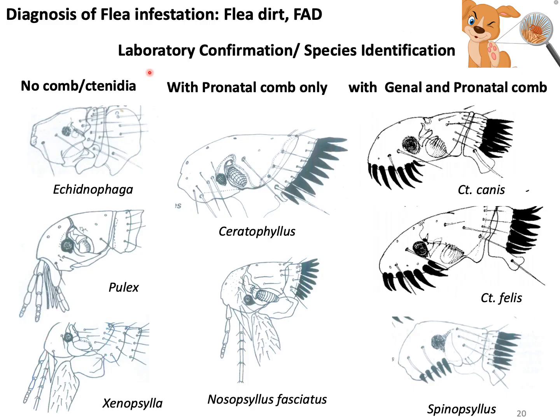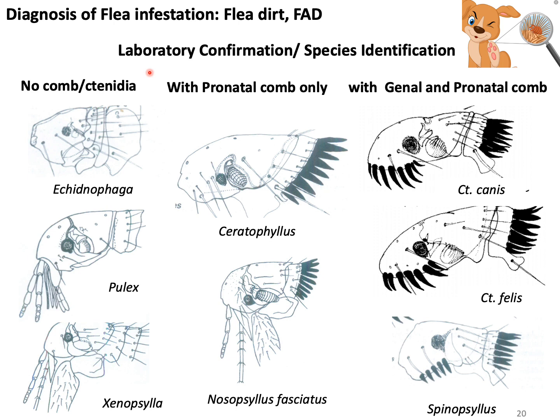So diagnosis of flea infestation is very easy. If you see flea dirt on the body coat of the animal, you can easily assume that this animal is suffering from flea infestation. Or if you can see the lesion associated with flea allergy dermatitis, you can assume the flea infestation. But you should go for the differential diagnosis with the mite infestation.